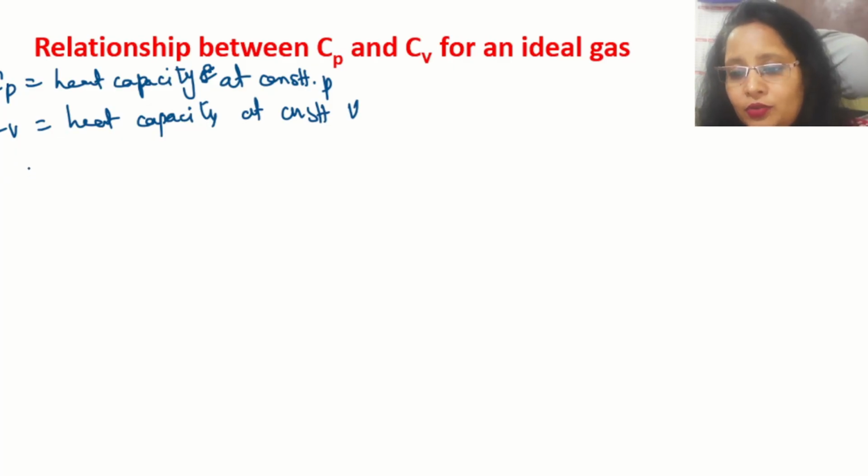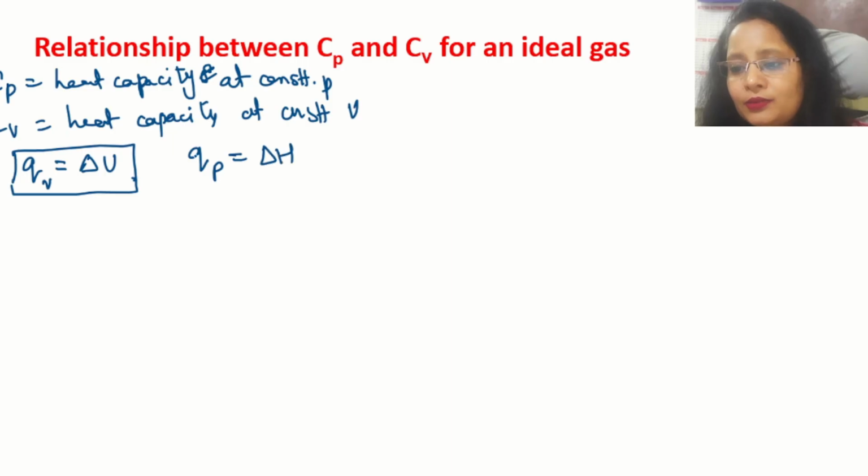Now we knew already that Qv, heat absorbed at constant volume, or Q, both are correct, is equal to delta U. We studied this thing already. One more thing we studied, that Qp, heat absorbed at constant pressure, is equal to delta H. Okay, now we are going to use this.